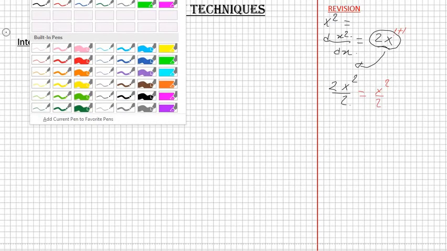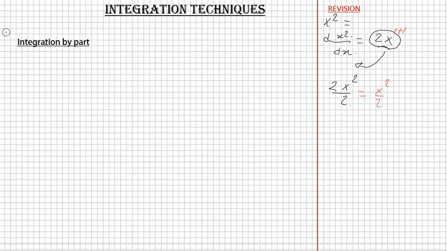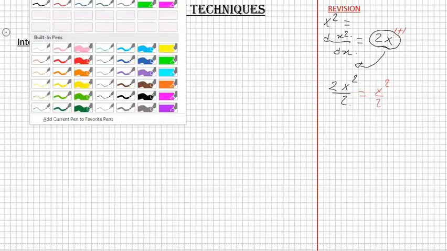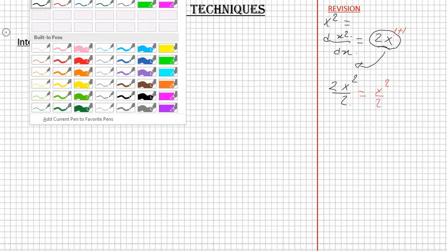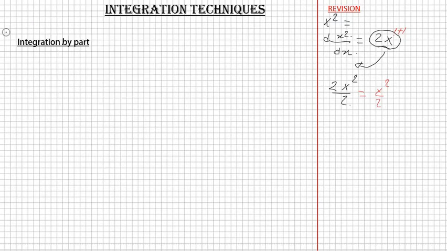The first method is called integration by parts. This method is basically used to integrate a function that is made of the product of one function and the derivative of a certain function.